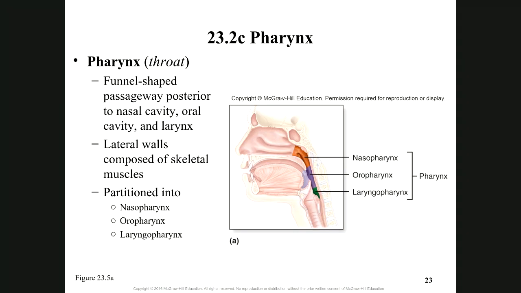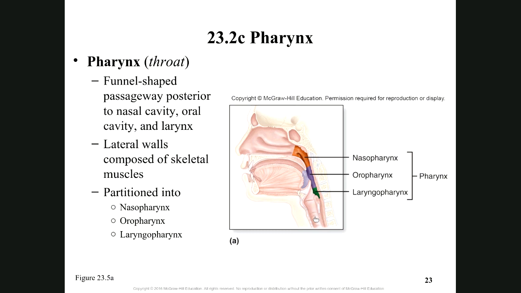The next part in our respiratory system is called the pharynx. The pharynx, commonly called the throat, is a funnel-shaped passageway which is on average 13 centimeters or 5.1 inches.